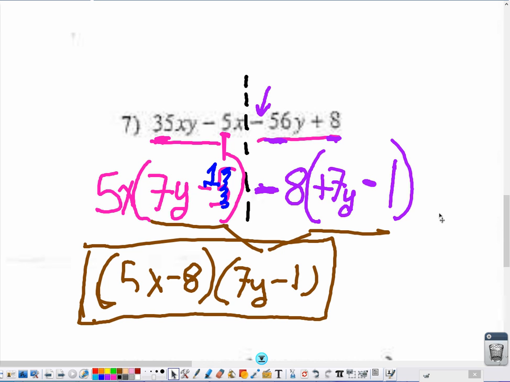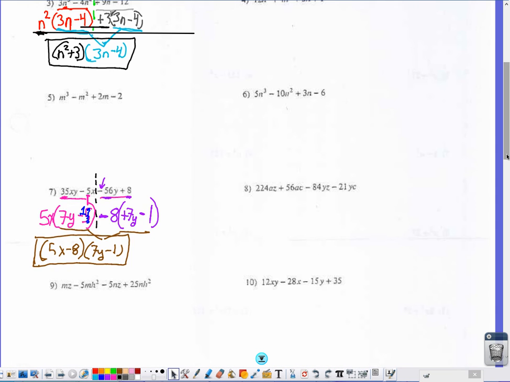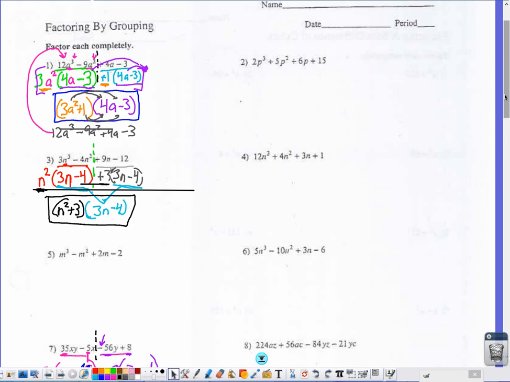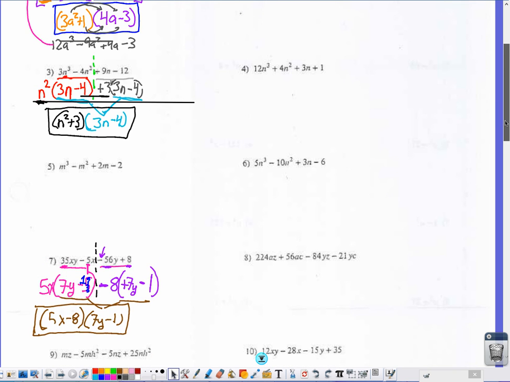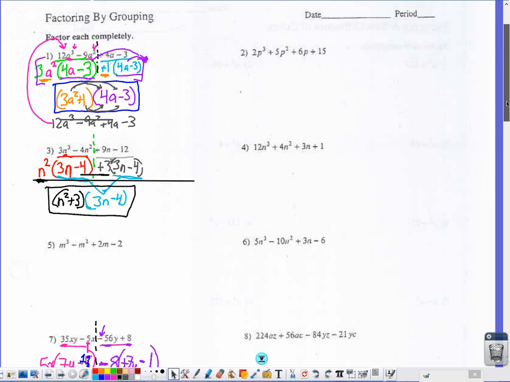So, take this opportunity, go through the rest of the page, and I want you to try to factor by grouping for the rest of these.